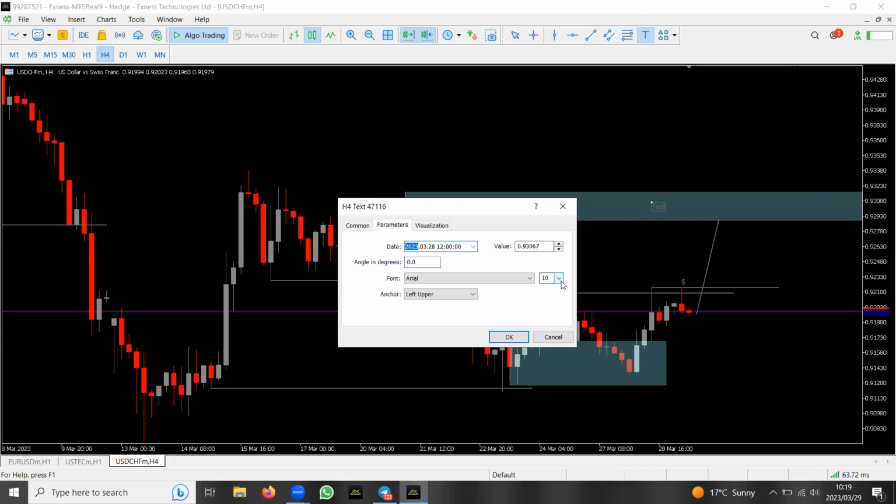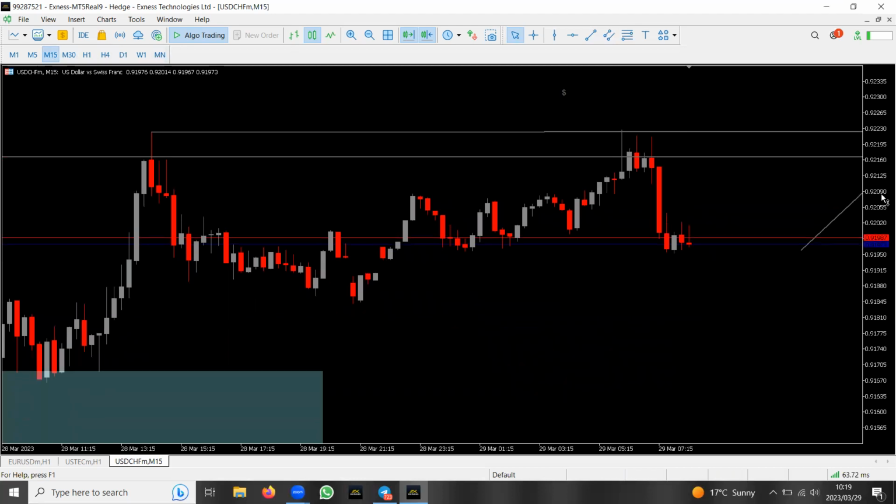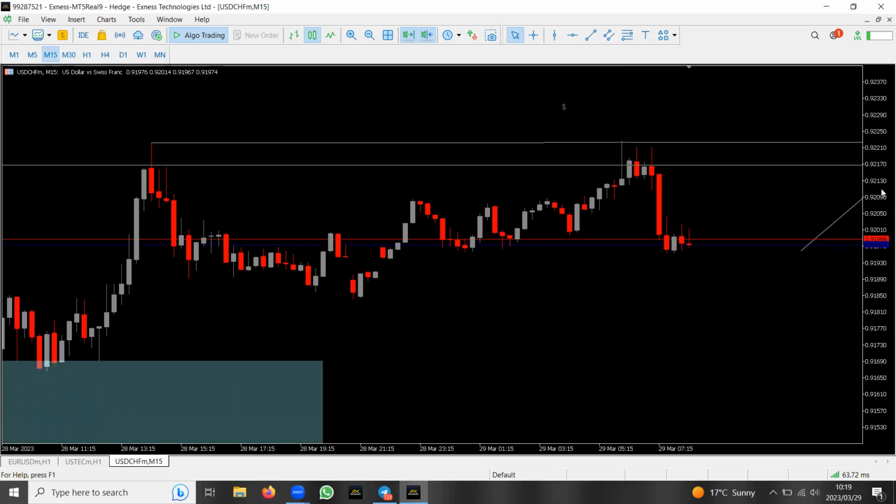You know how you would confirm your sell in case price reaches here on H4. What are you going to do if we see price here on H4? You would go to the 15 minutes lower time frame, because price will be somewhere there.